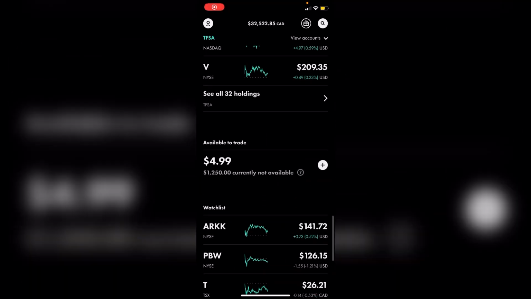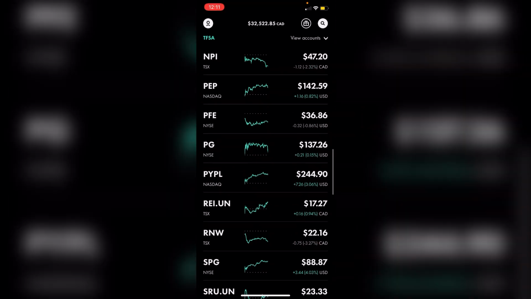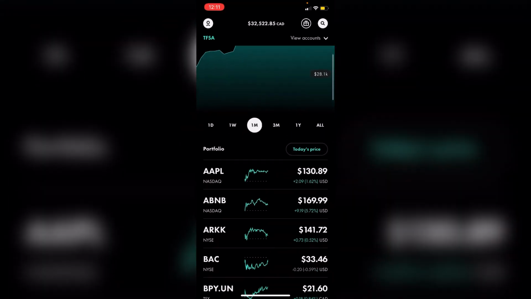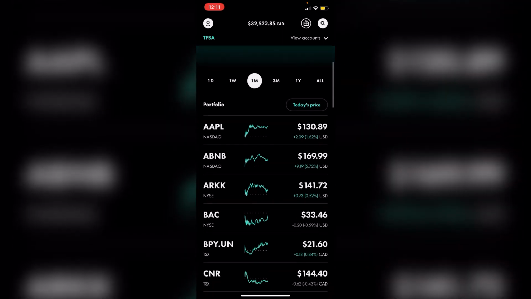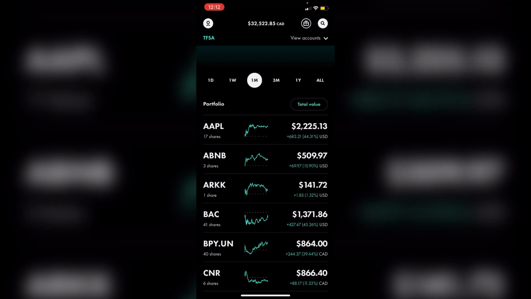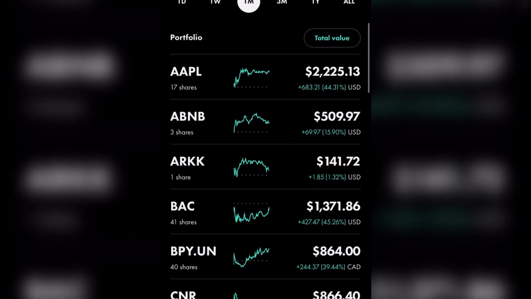Now let's go back to the main page, and right under this chart, I'll show you your portfolio. On the right where it says today's price, if you click on that, it shows your total value of the stock and the gains, the unrealized gains, how much profit or realized gains you have.